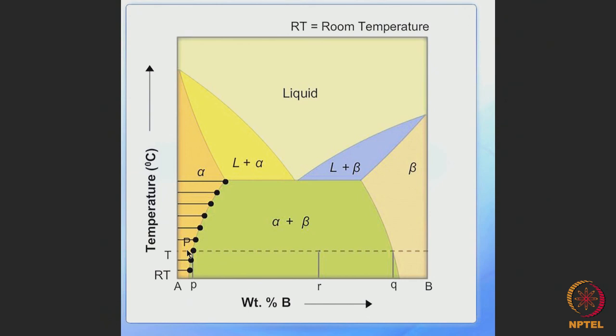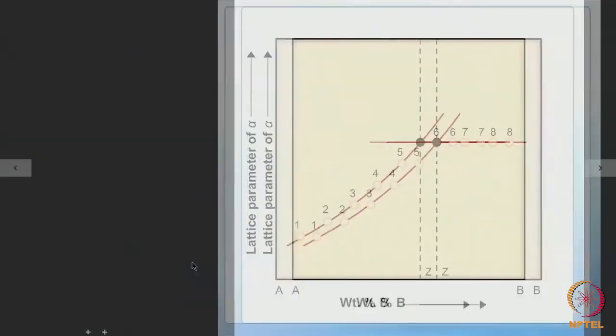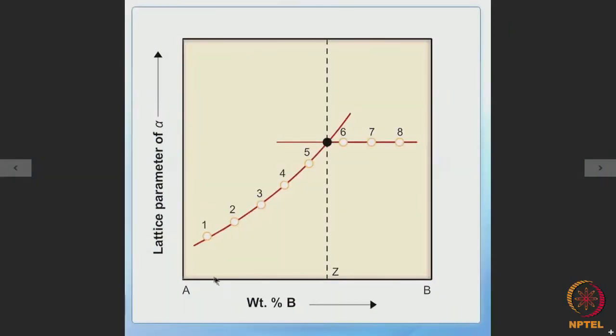We will be still in the same phase, but the lattice parameter will be more. So, as we go from this place to this place and make a number of alloys, we will see that the lattice parameter will be different. As we are adding more and more weight percent of B in the alloys, the lattice parameter of the alpha phase will increase.